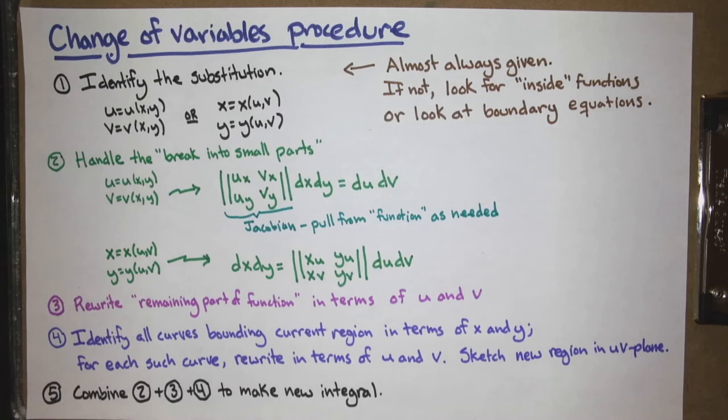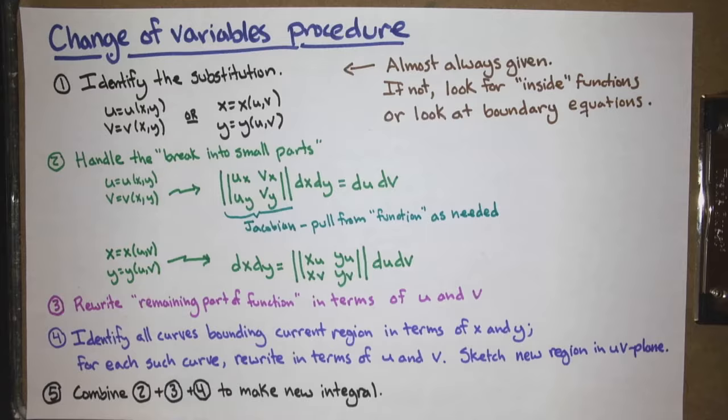All right, so rewrite the function in terms of u and v. Now we have to rewrite the region in terms of u and v. And for this, here is my advice. Sketch your current region in terms of x and y, and ask what the curves are which bound your region. Identify each one as a function of x and y.